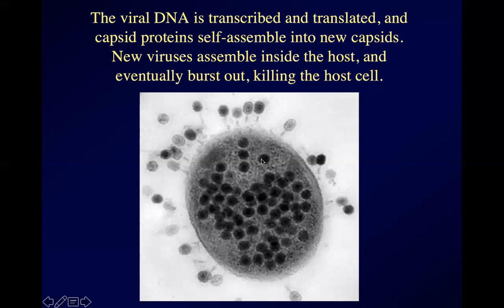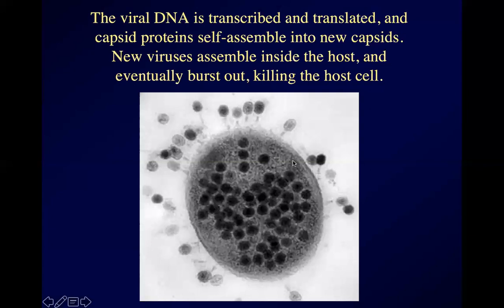And this is what is happening here. You're looking at a slice through a bacterial cell taken with a transmission electron microscope. All of those black dots inside the cell are virus particles that are forming. And then you can see a whole bunch of virus particles that are outside the bacterial cell.